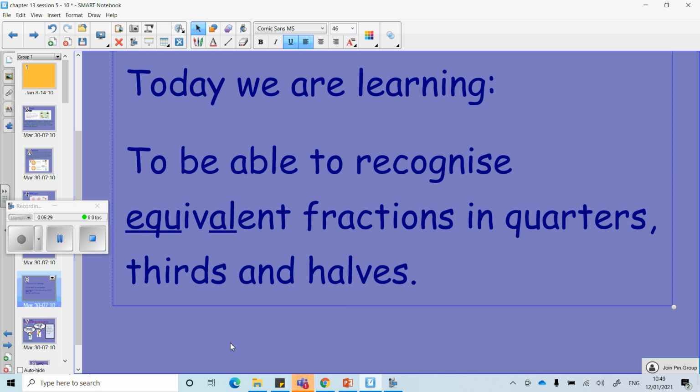So fractions which are equivalent just means they are the same size. Equivalent. Just like in our in focus task, Charles's 4 quarters were equivalent to Ruby's 3/3. Okay.